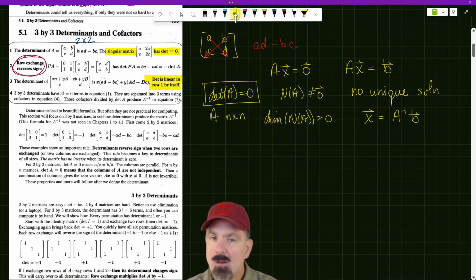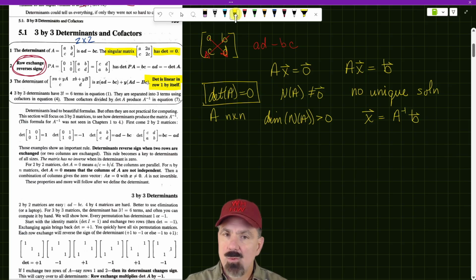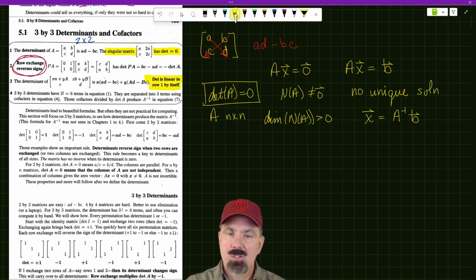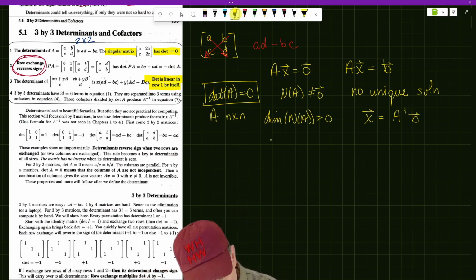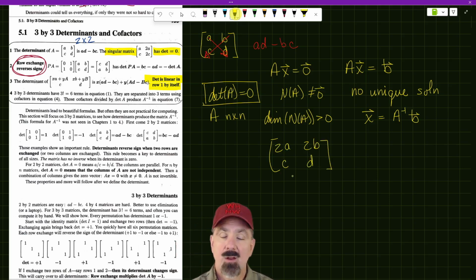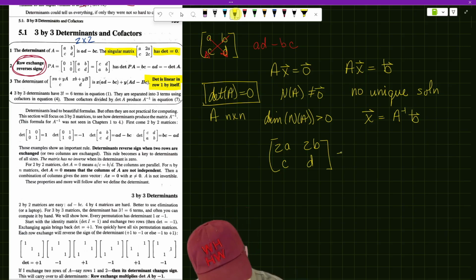Anytime we see something new that we don't really understand, start with simple examples that we do understand and expand from there. So let's just take 2A, 2B, and then C and D, and look at the determinant where we have multiplied one of the rows by 2. In this case, we're going to have 2 times AD minus 2 times BC.